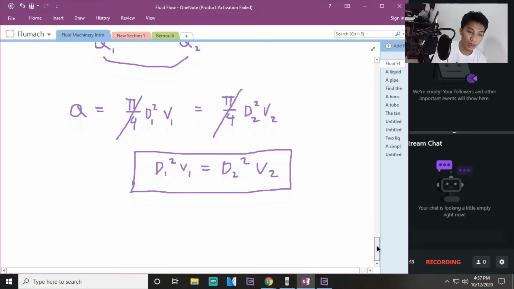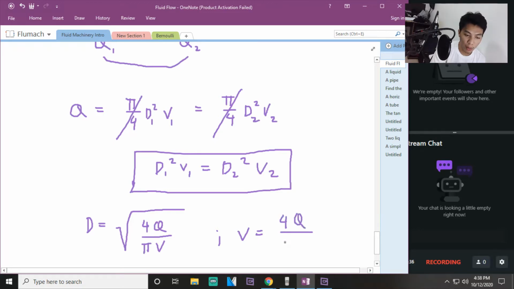And sir, ito ang madalas nating gagamitin, okay? Pag hinahanap si diameter, okay, kukunin mo lang yung square root ng buo. So 4Q over pi v. Or kapag hinahanap naman si velocity, ito lang, 4Q over pi d squared.